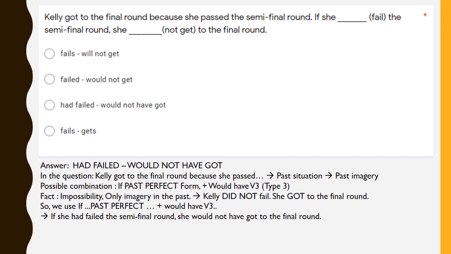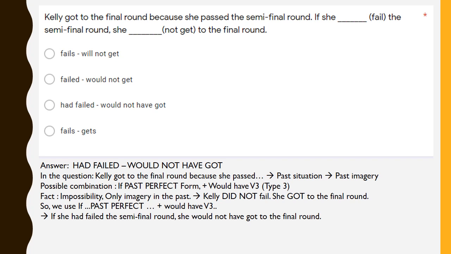In the question, Kelly got to the final round because she passed the semi-final round. It shows a past situation, so it is a past imagery. Therefore, the possible combination is if past perfect form combined with would have verb 3, or type 3.